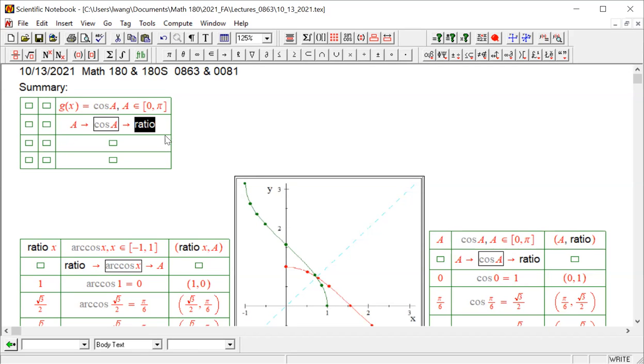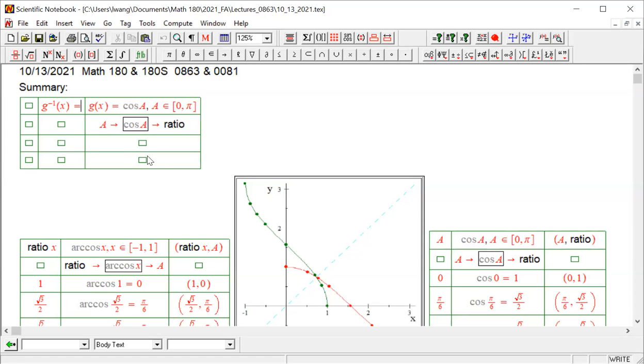What kind of ratio? Cosine ratio. And what is the inverse? What's the G inverse? G inverse, right? And the points we plotted, the points we exercised, they're all about that correspondence, that one-to-oneness.